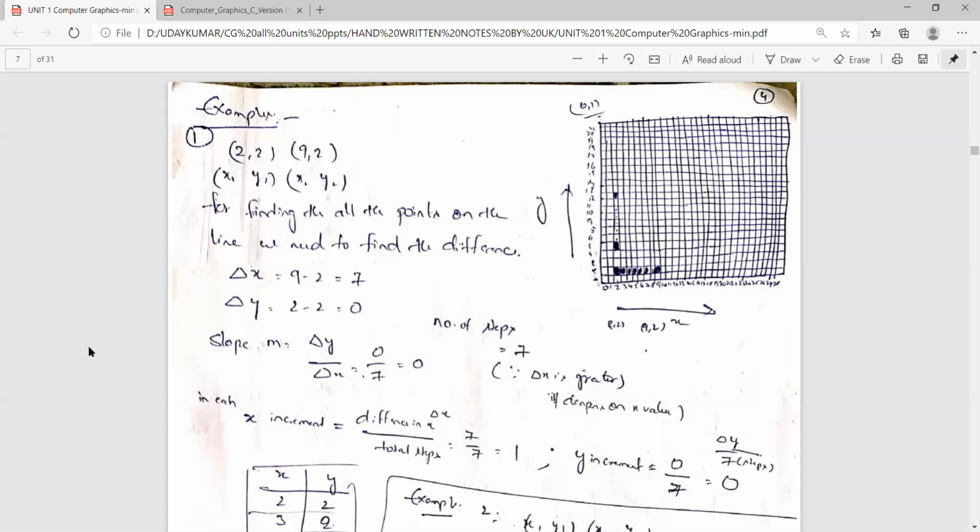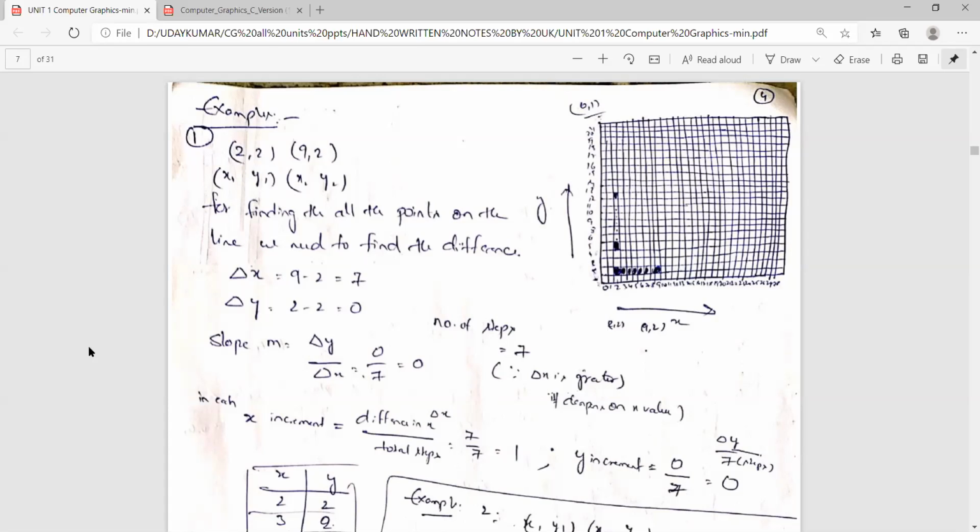Generally, if you take Notepad or MS Paint, the origin, that is 0, 0, is located at the top left side.